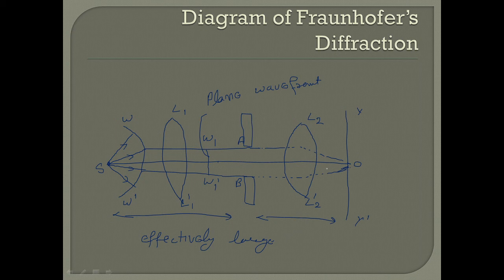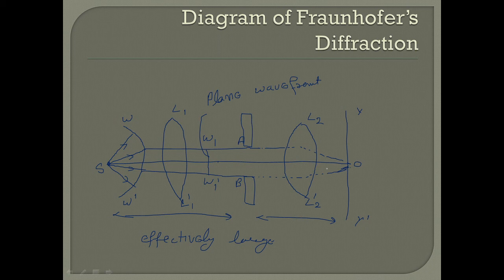In the case of Fraunhofer diffraction, we always get a central maxima, but in the case of Fresnel diffraction, it may be a central bright or maybe a central dark.